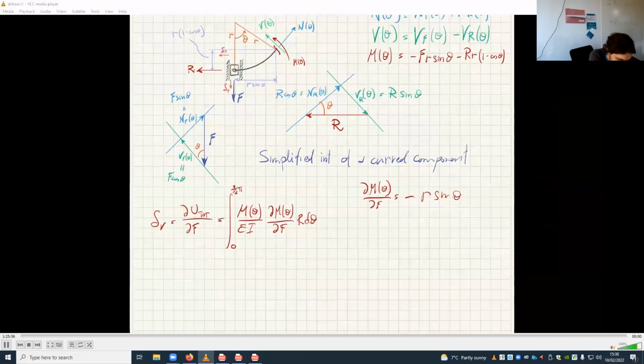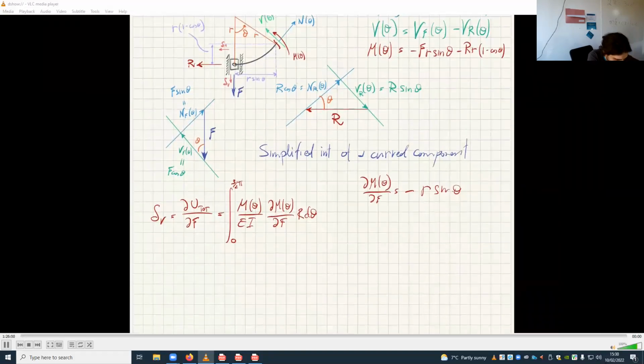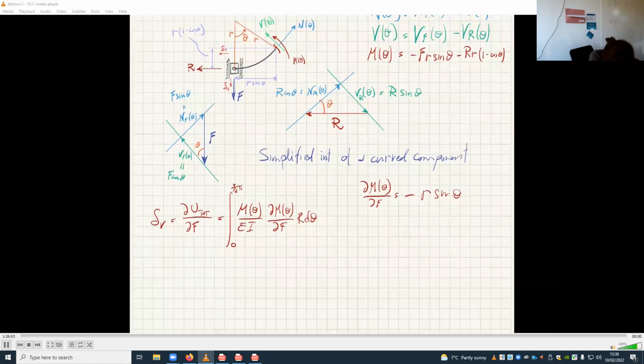Okay, so let me write the equation. So this is the integral between 0 and 3/2 of pi of minus F r sine theta squared, plus again, r squared times 1 minus cosine theta sine theta.